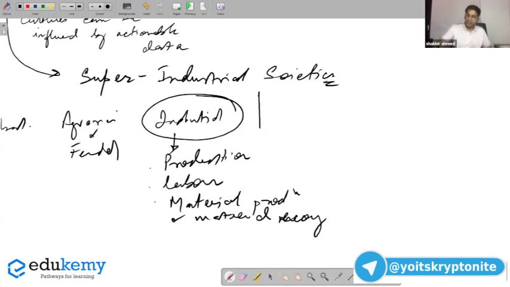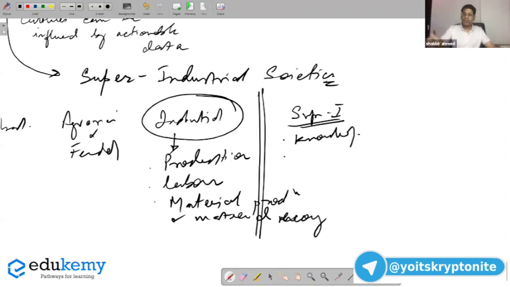Now he says there will be a society which is going to be super industrial. This society will be controlled by knowledge. This society will be controlled by higher level skills, particularly communication, and these will grow on an immaterial economy.